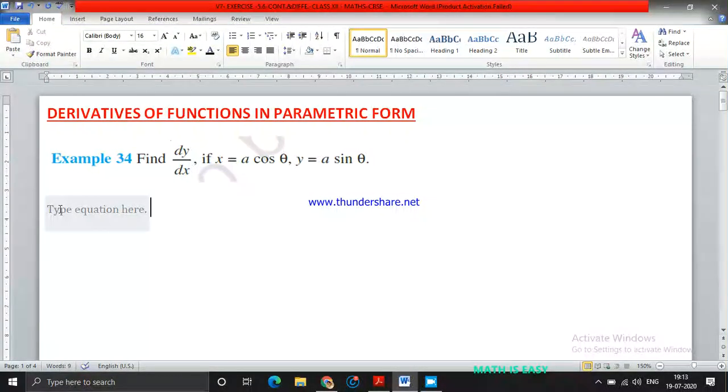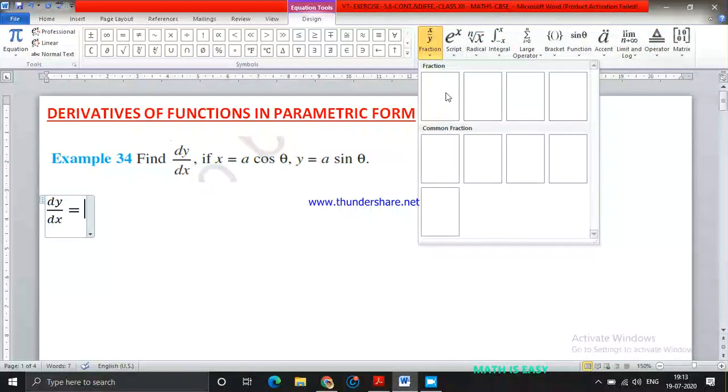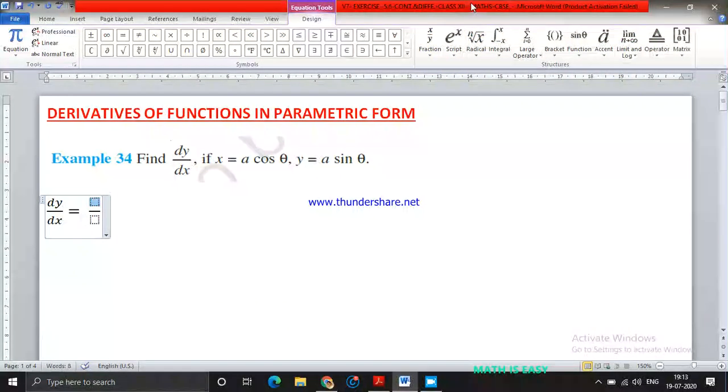If I want the dy by dx value, I can write dy upon dx as dy upon d theta divided by dx upon d theta.